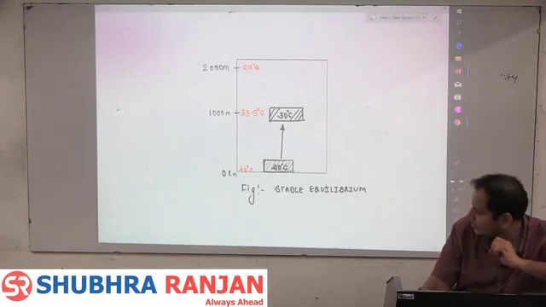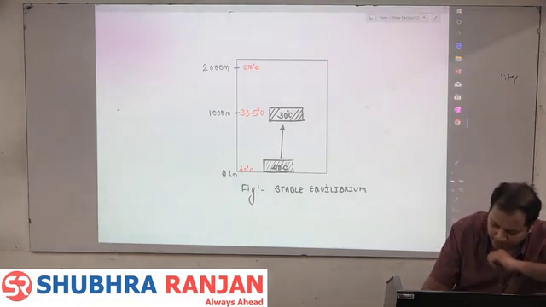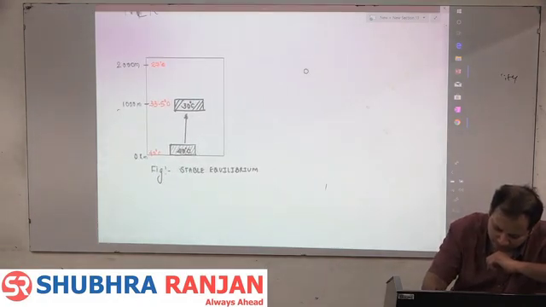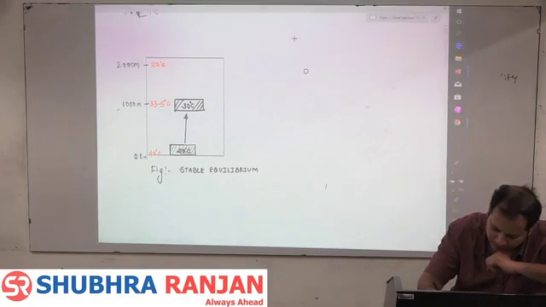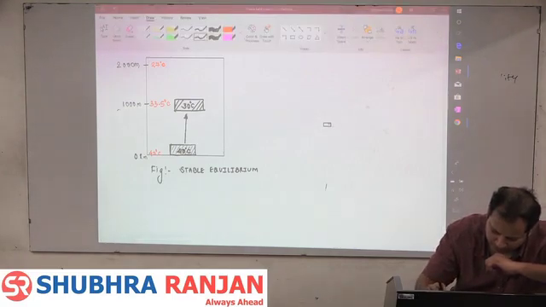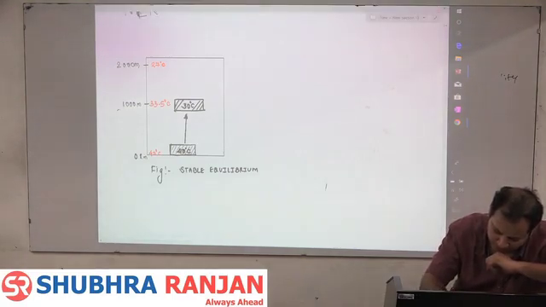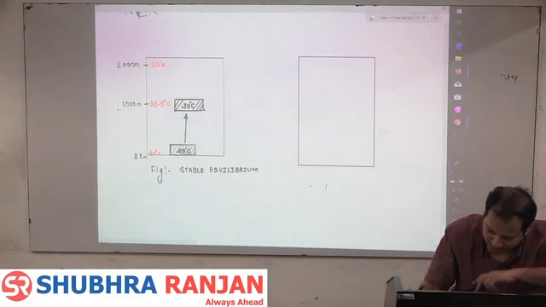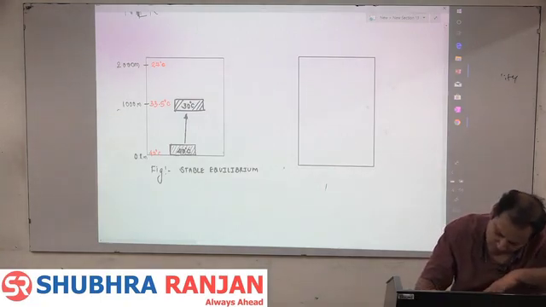Next point. Sometimes the environmental lapse rate is very less, around 4 degrees Celsius.